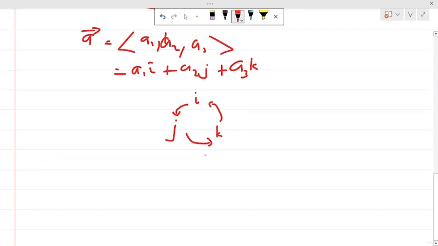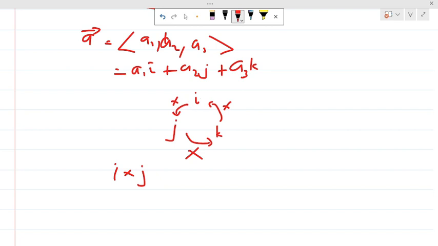Say we have i cross j. Now if we move in the anti-clockwise direction, the answer that we get is positive. This arrow signifies a cross. If you move in the counterclockwise direction, it's positive. If you move in the clockwise direction, it's negative.